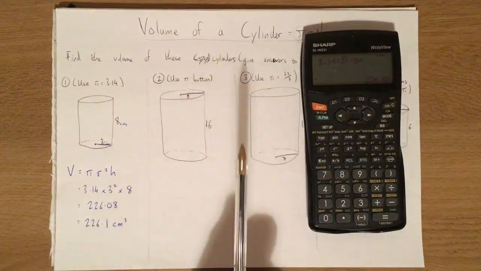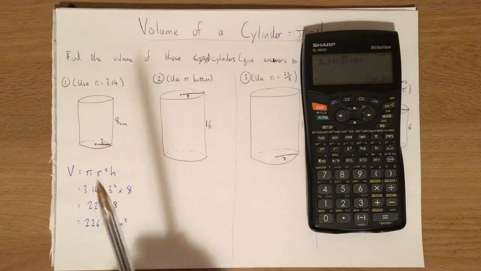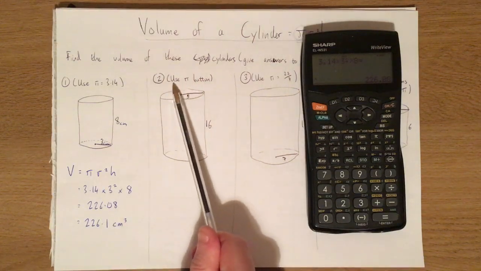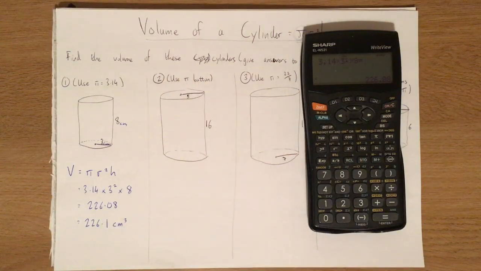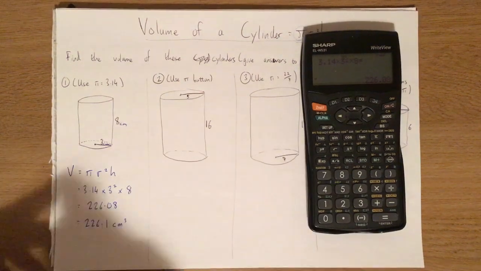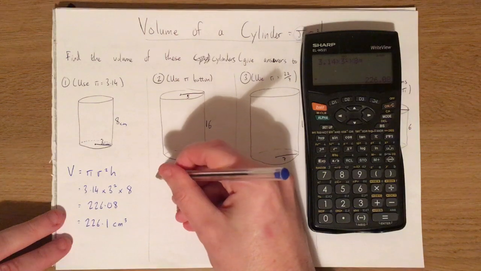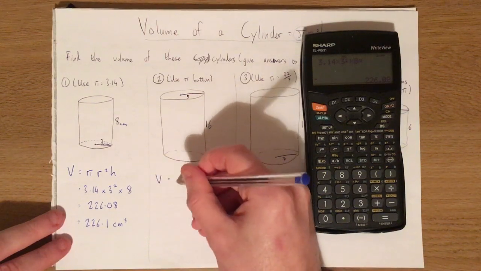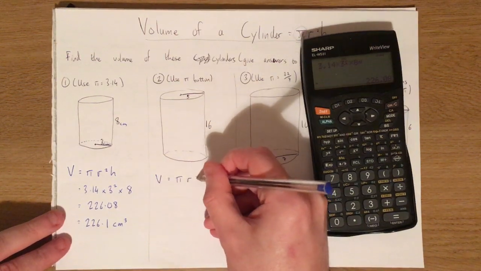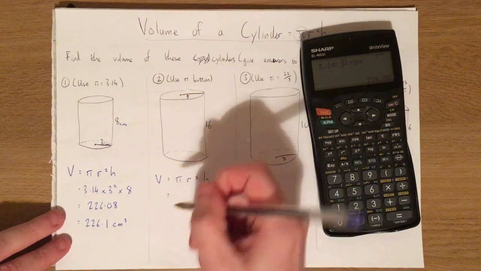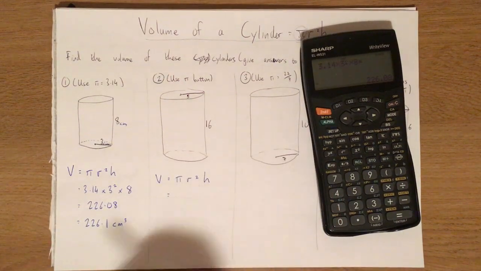Next question then. Again, it's volume of a cylinder, exact same thing, only I'm told to just use the pi button on my calculator instead of using 3.14. But I'm getting the volume of this cylinder, so let's put the formula down. Volume equals pi r squared h. There'll be marks going probably for writing the formula down.